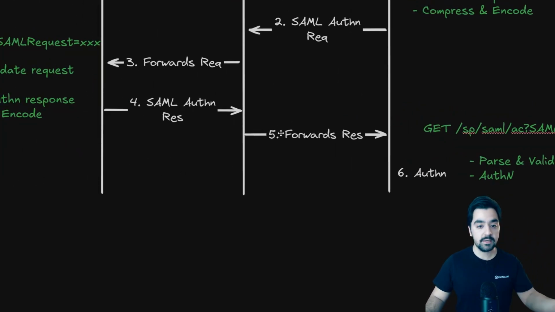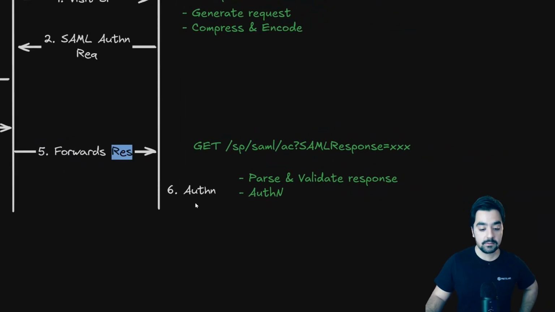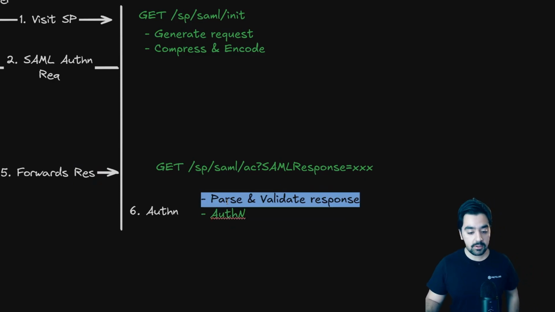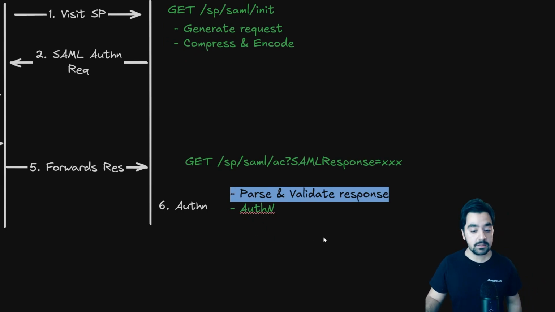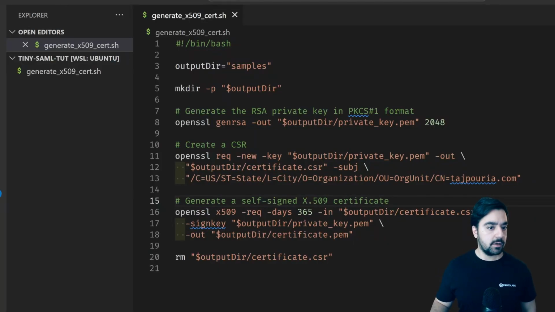And then it is sent back to the user browser, and the user browser forwards this response to the service provider. What the service provider does is, again, parse and validate the response, verify the signature, and if everything is okay, it uses the attribute statement, or the name ID, in the authentication response to allow the user to access the application.